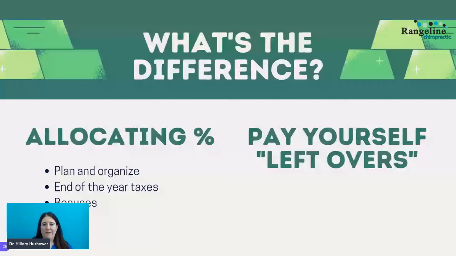The other way people do it is they pay what's left over, right? And I get that you have to pay your bills, the mortgage, the payroll. I get that. But doing it with a percentage and allocation, you can see more clearly where the money's going, and maybe you're spending money on things you don't need to.